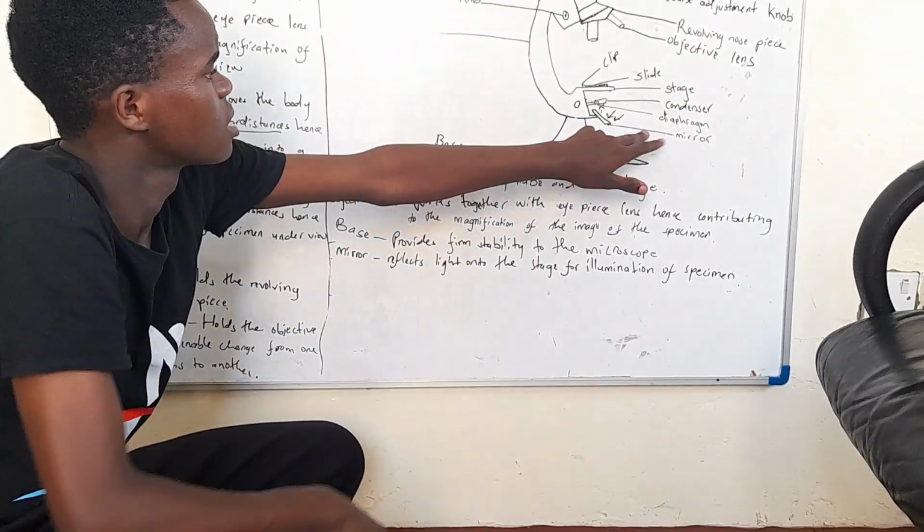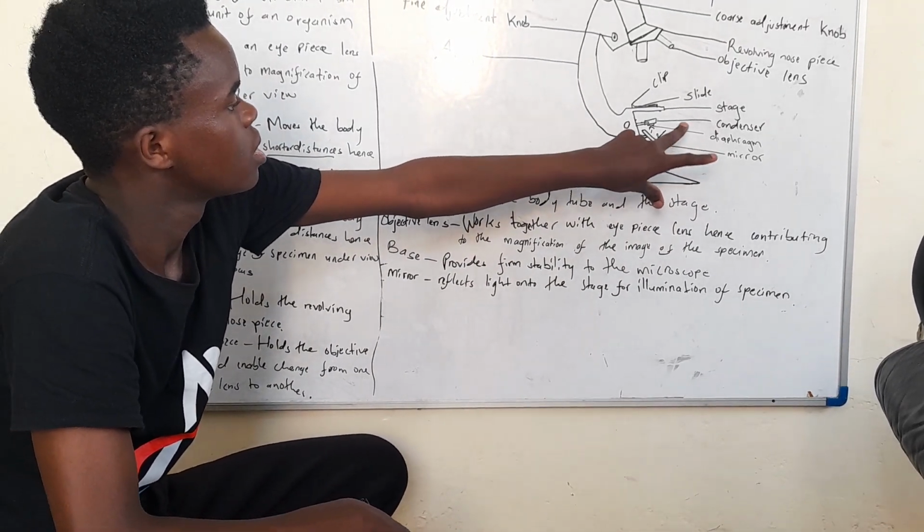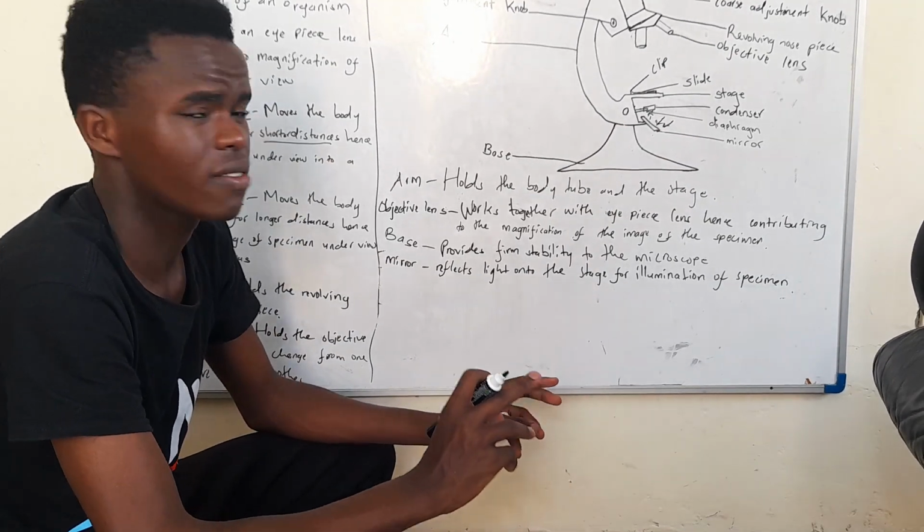Now from the mirror, we go on to the diaphragm here. You see this is a condenser and this is a diaphragm. The diaphragm has a very important role.